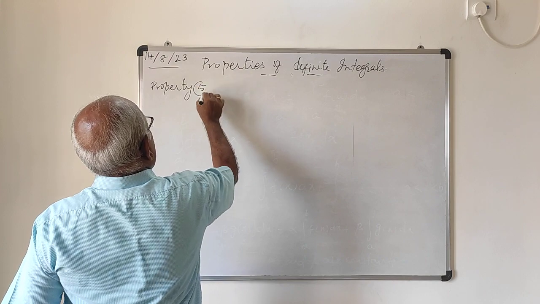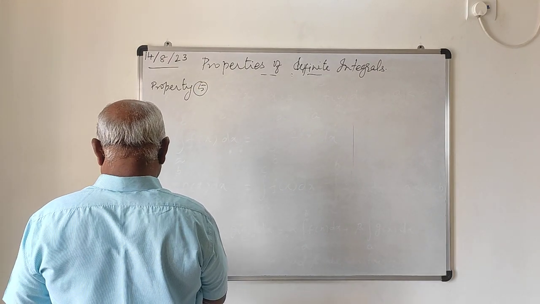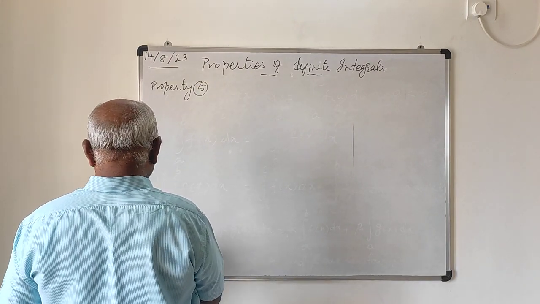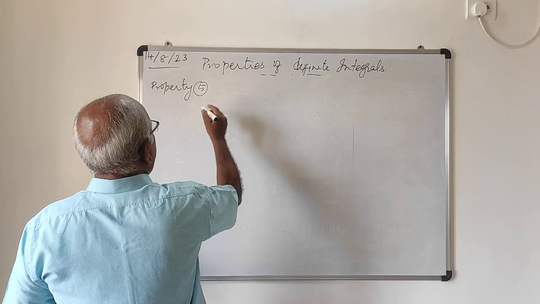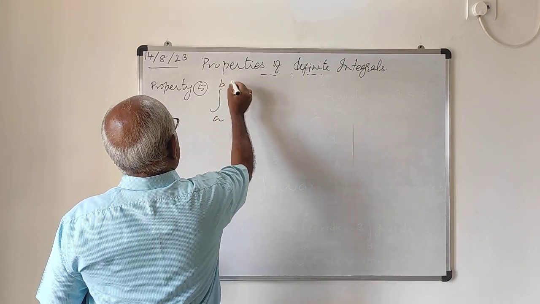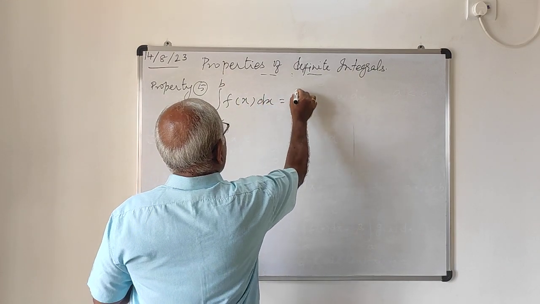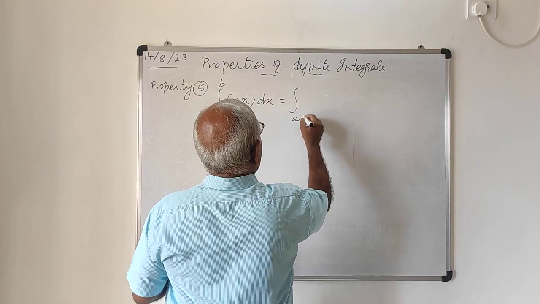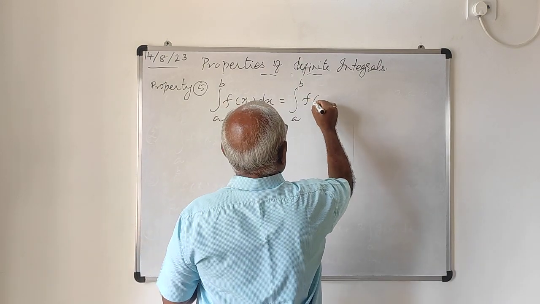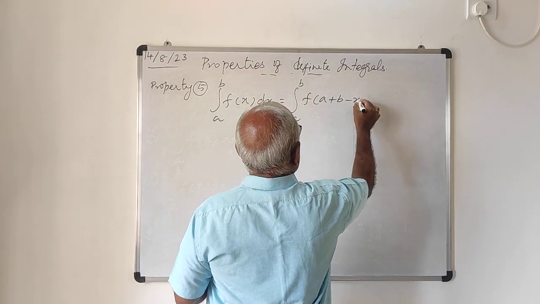Next, property 5. Integral a to b f of x dx is equal to integral a to b f of (a plus b minus x) dx.